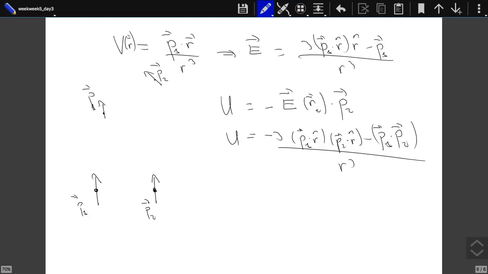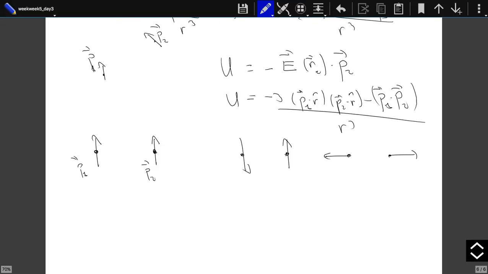Now let's see. This is one orientation. This is the other possibility, let's say. This is the third case. I'm assuming that their separation is the same. And this is the fourth case. So we have four interesting cases.